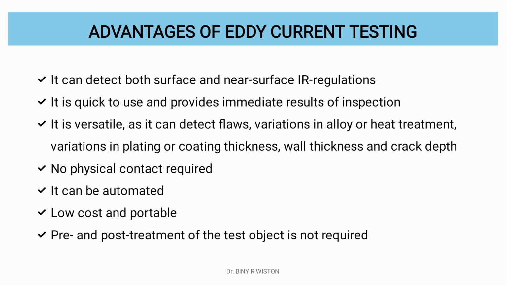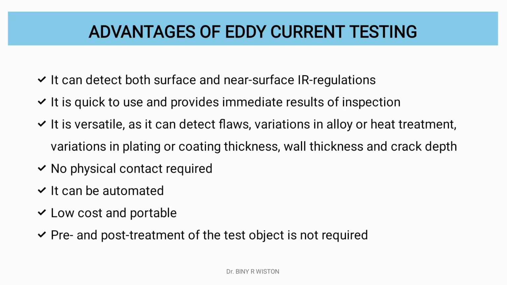The advantages of eddy current testing include it can detect both surface and near surface irregularities. It is quick to use and provides immediate results of inspection. It is a versatile technique as it can detect flaws, variations in alloys or heat treatment, variations in plating, coating thickness, wall thickness and crack depth.